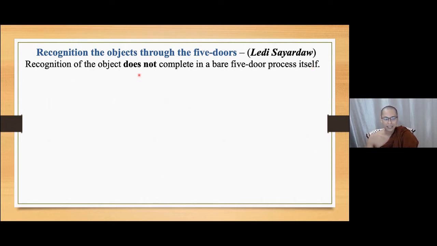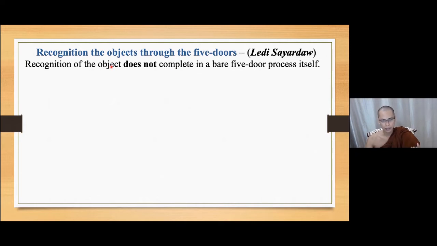So we see the visual form. But that is just seeing. To recognize something, for example, if we are looking at the saccharine, we see the saccharine, but we recognize in the mind, what is it that appears in the mind? It has a slightly different process.